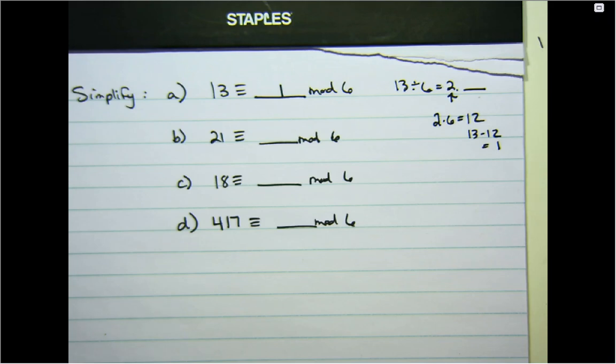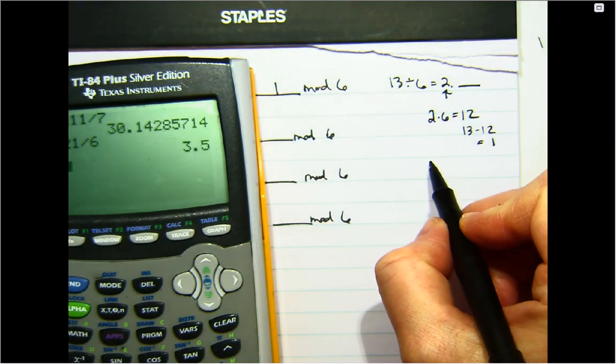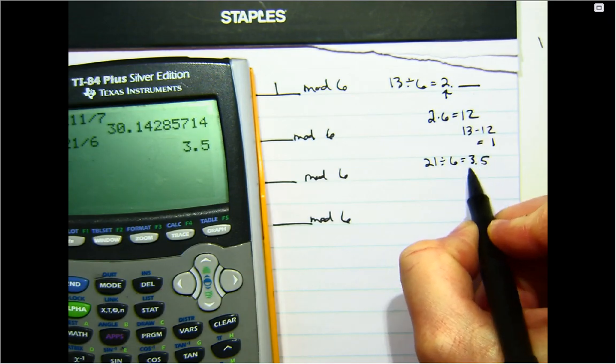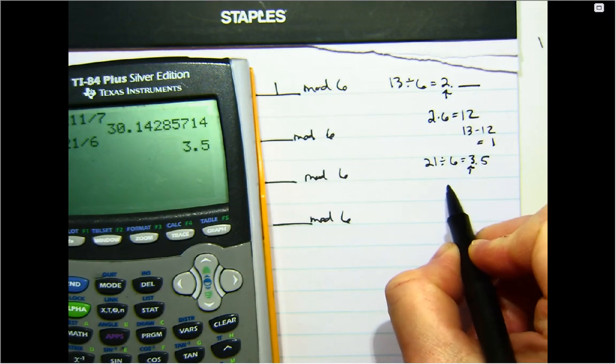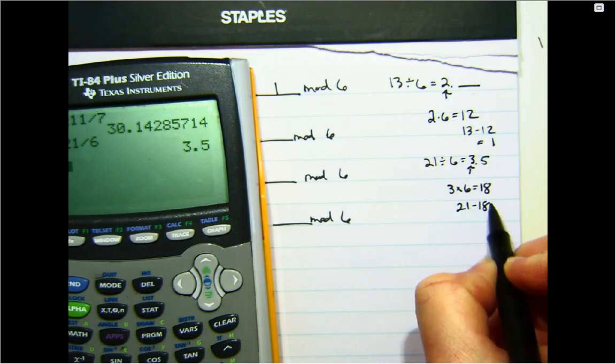So you want to take multiples of 6 away from these numbers. So you have to find how many multiples go in. And when you put the 21 divided by 6 in your calculator, you get 3.5. The 3 is what you're interested in, because then you say 3 times 6 is 18, and 21 minus 18 is 3.